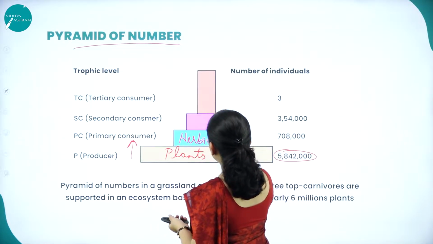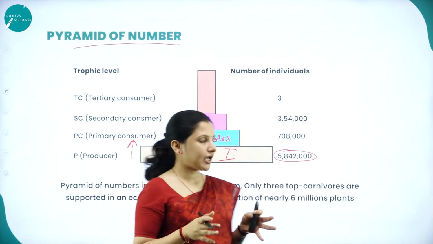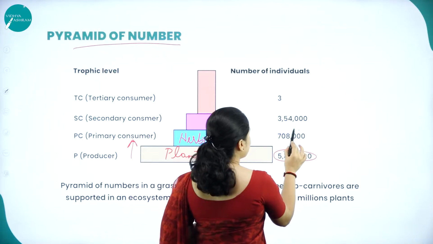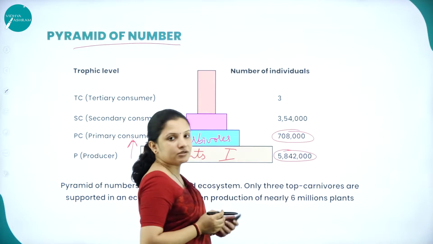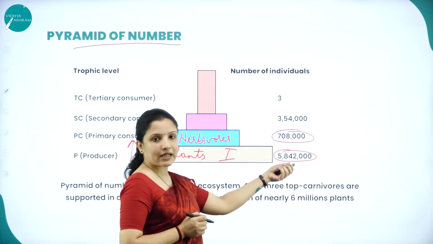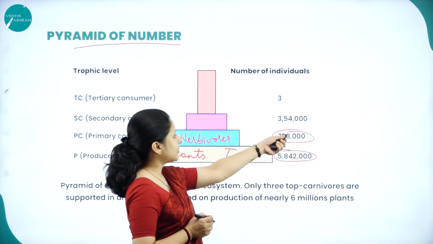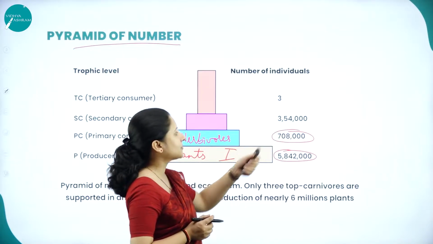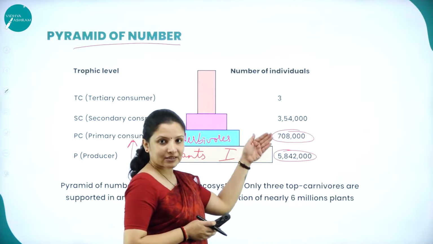So how many herbivores are there in that particular area? It is about 7,08,000. So 7 lakh are there. Can you see the drastic difference here? It was 58,42,000 and here it is just 7,08,000. So a drastic difference, right?